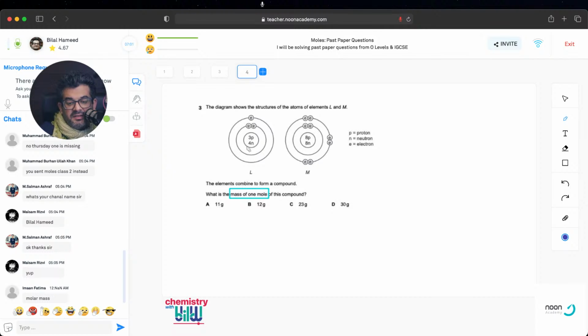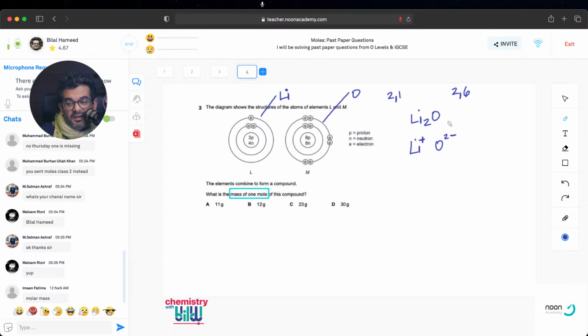So this element has 3 protons. You look at it from the periodic table, it's lithium. You've got 8 protons, that's oxygen. So lithium is 2,1, oxygen is 2,6. The compound is Li2O. You need 2 Li's because Li will make a 1 plus ion and O will make a 2 minus ion. So the formula will be Li2O.